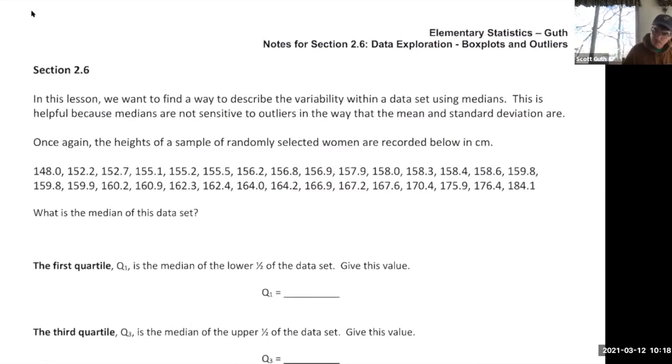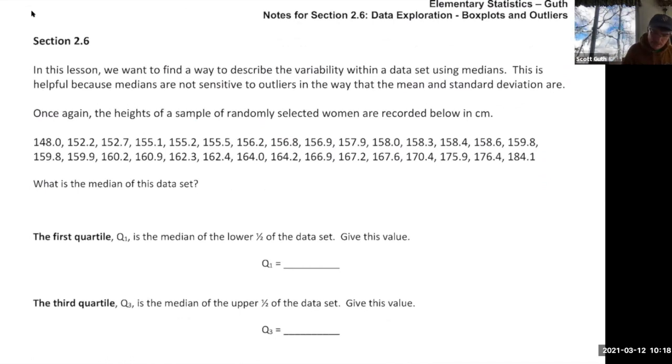So let me go ahead and we're going to jump right in here. I've got these randomly selected women. Are they sorted is the question. These look like they're sorted from low to high. Just double checking. So when they ask for the median, I just want to remind you that the median is the central value after sorting.